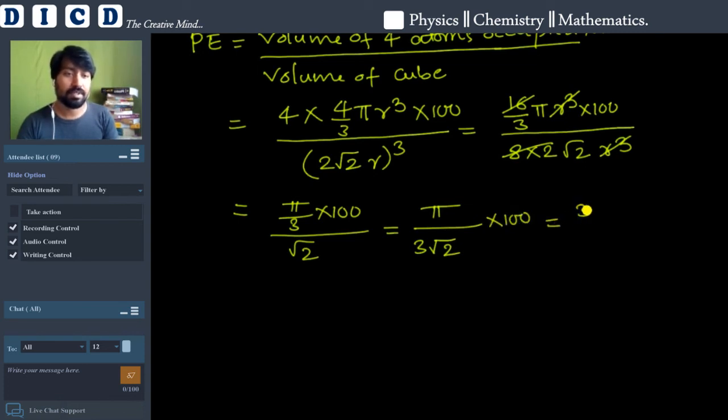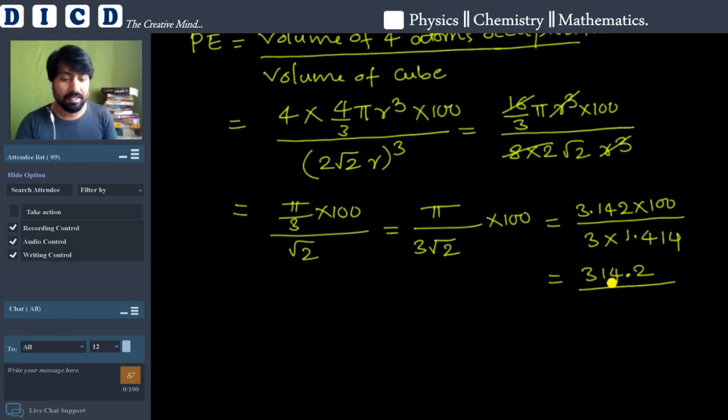That is 3.142 into 100 divided by 3 into square root of 2, which has the value 1.414. Then it becomes 314.2 divided by 3 multiplied by 1.414, which is 4.246. After that I get a value of 73.99, or approximately 74%.